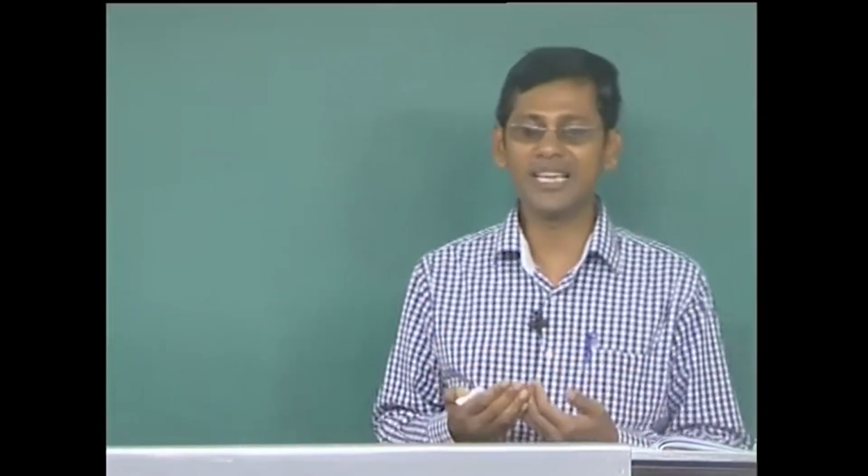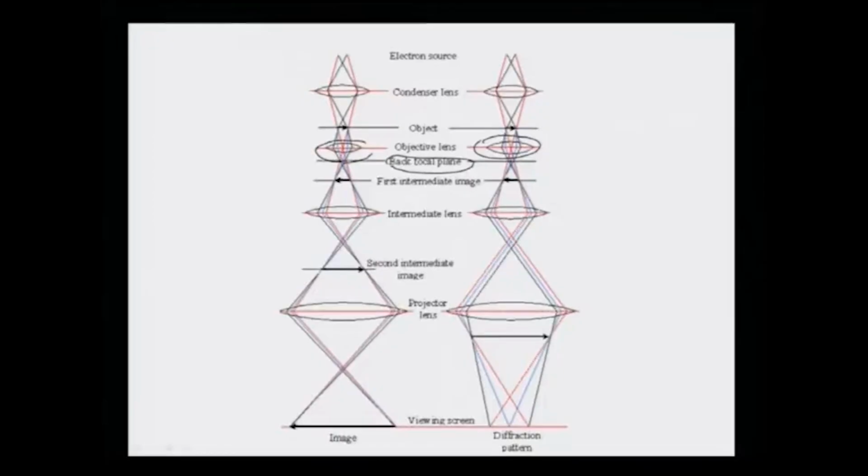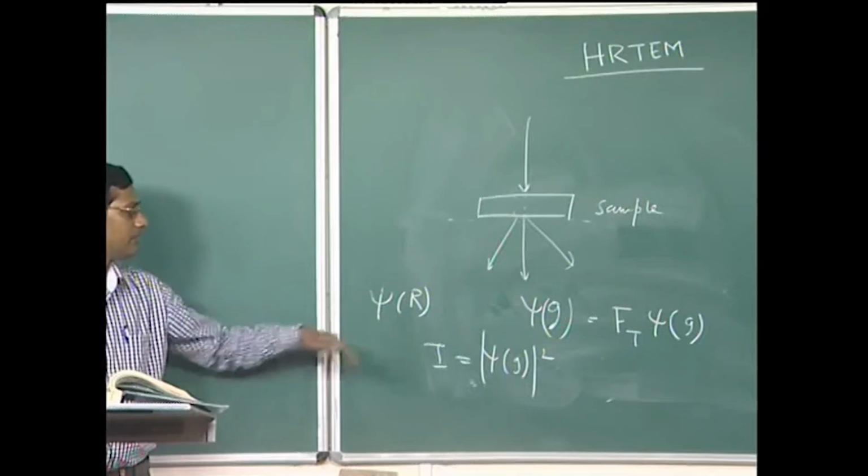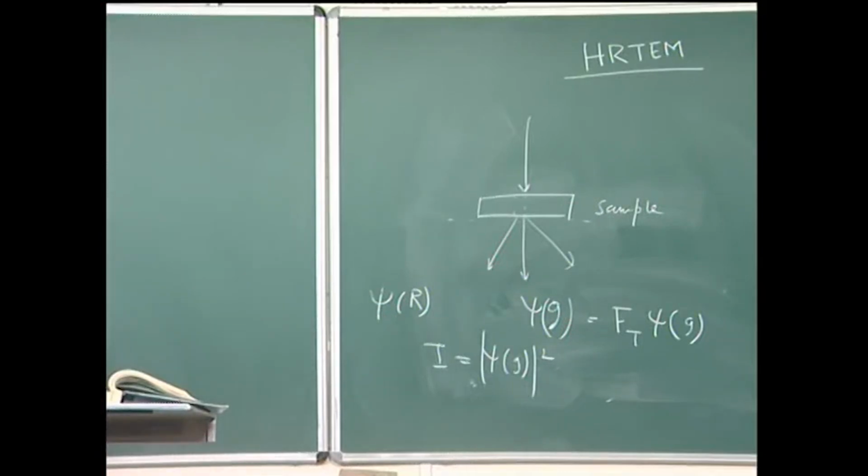Lattice fringe is nothing but the inverse Fourier transformation, which reconstructs the object function psi(r) in the image plane. So, by just looking at the camera picture and comparing it with the electron microscope, one can simply understand how these basic things happen in the electron microscope.